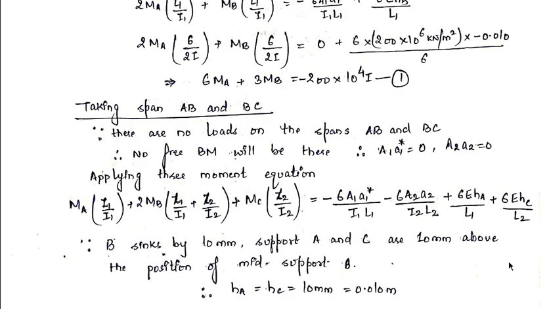Whenever a point is above the reference point, the value of h will be positive, and whenever the point is below the reference point, the value will be negative. So here A and C are above the B point, so the value will be positive. So the value of HA and HC will be 10 mm, that is 0.010 meters.